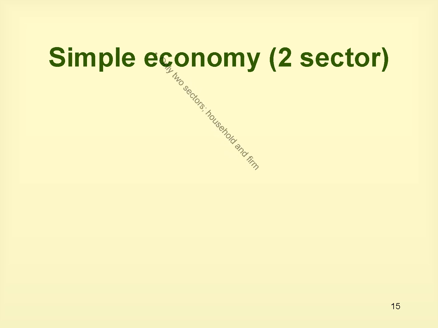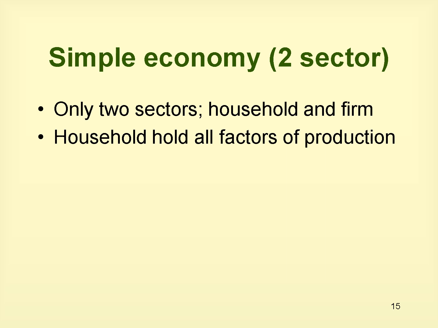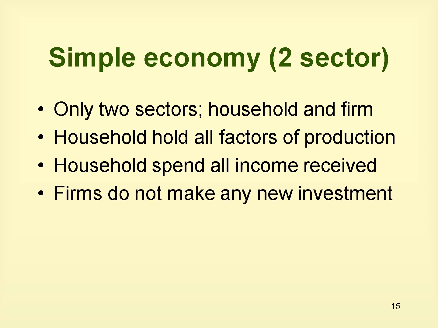What is the meaning of two sector? Two sector means we have households and we have firms. Households hold all the factors of production, and households will spend all the income received, as I already explained, and then firms do not make any new investment.